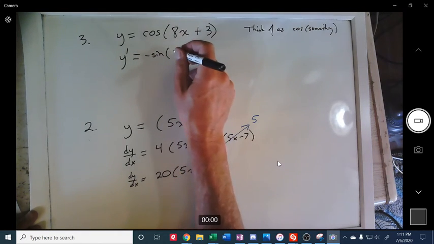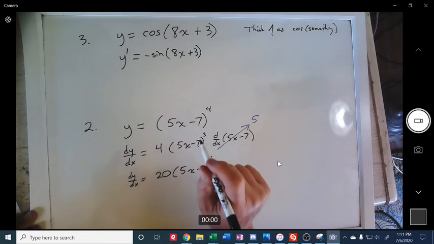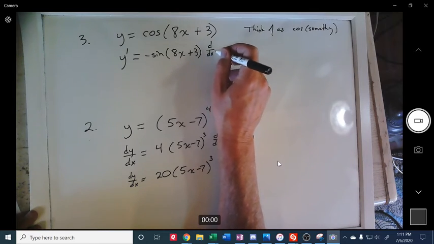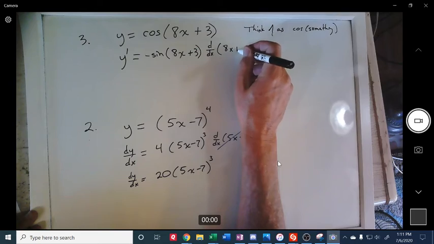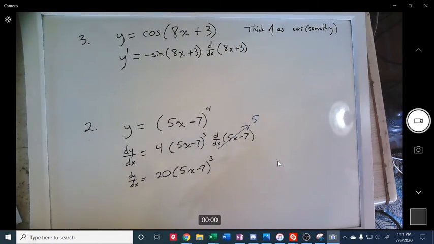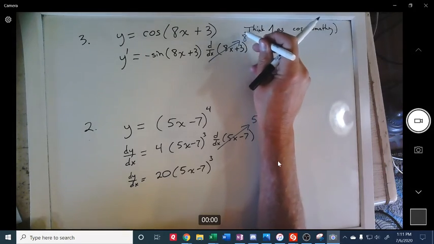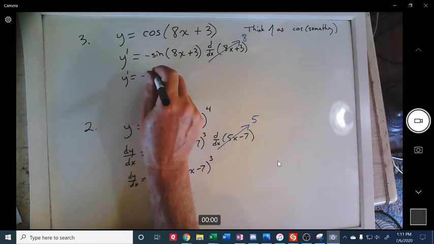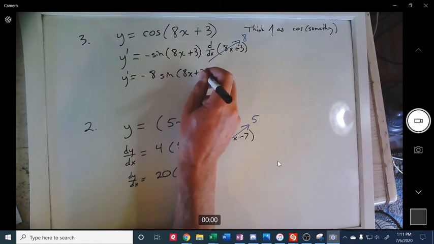This thing will still stay the same. And then I'm going to take the derivative of everything else except that outermost function. And when I take that derivative, this becomes 8. So I get y prime equals negative 8 sine of 8x plus 3.